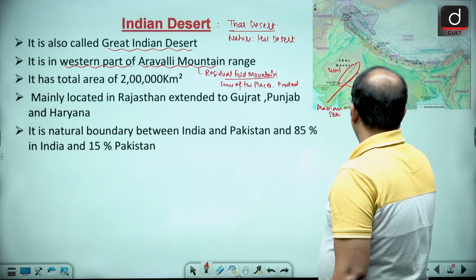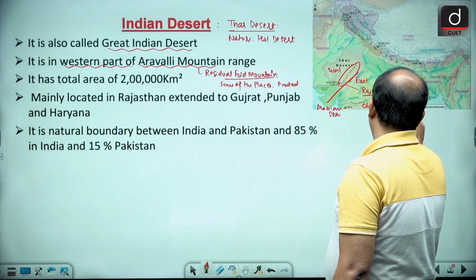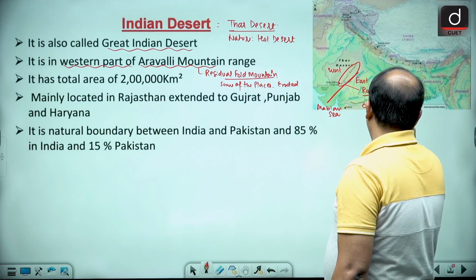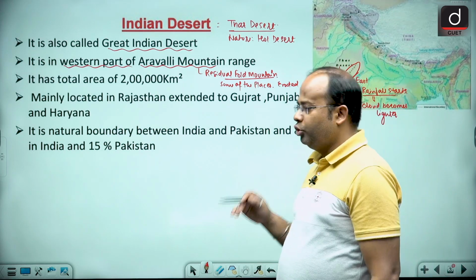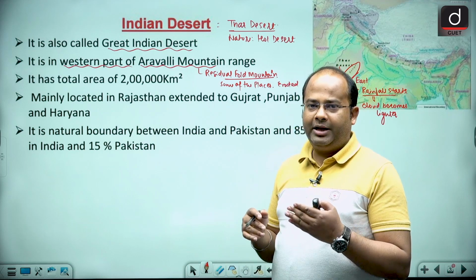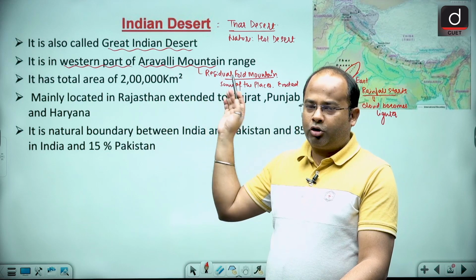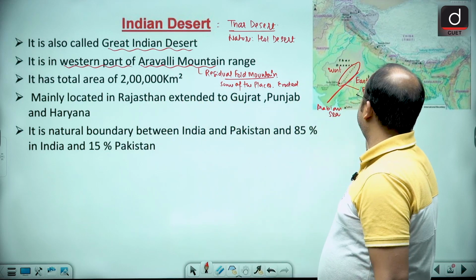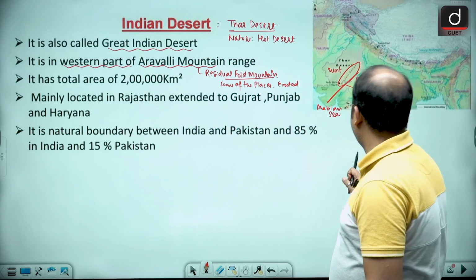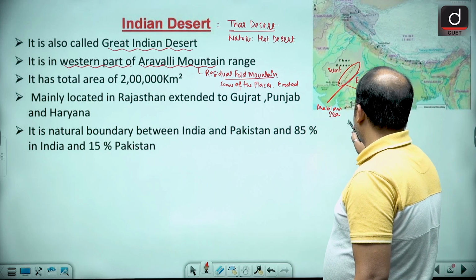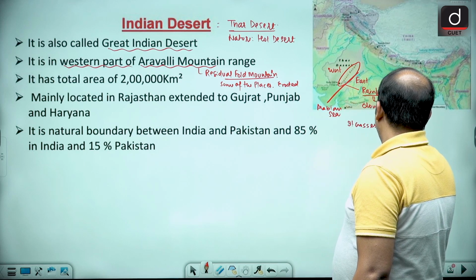The cloud becomes lighter when the rainfall starts, and when the cloud becomes lighter, it crosses the eastern side and goes up to the western side.